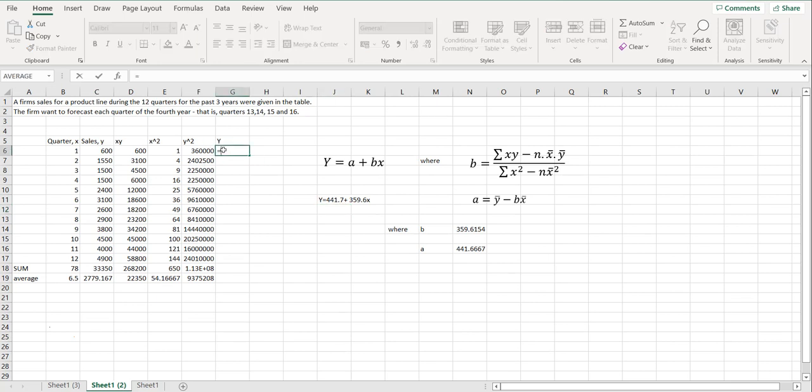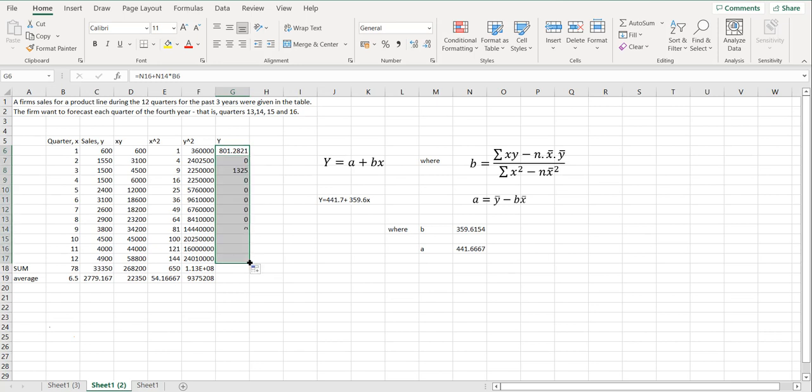So we use this one: y is equivalent to a, which is N16, plus b, which is N14, multiplied by the value of x in this case. x is this one, so you will have a value of 801. Then you copy it all over again. Sorry, I have made a mistake here.